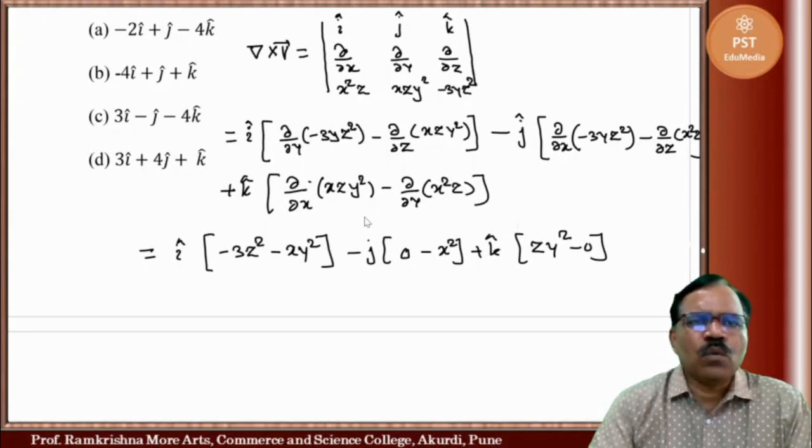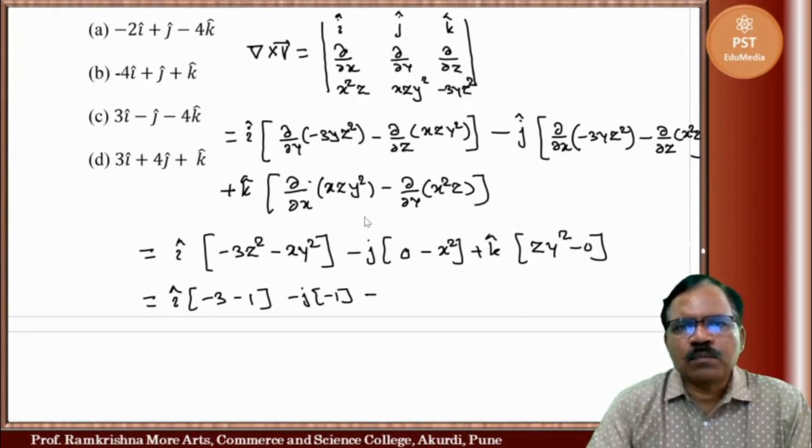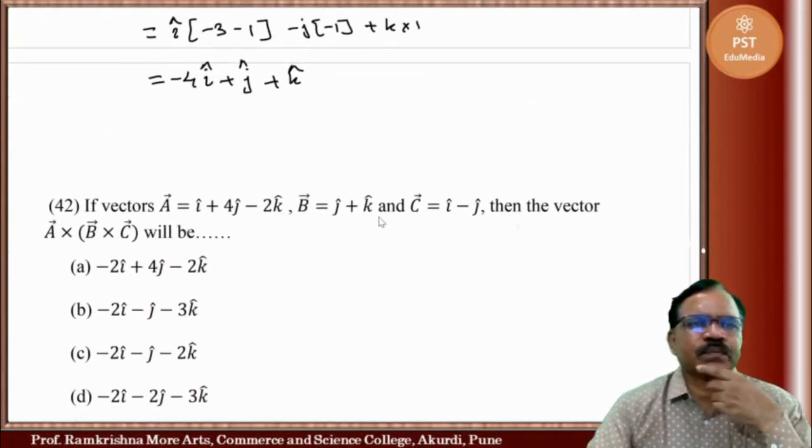Now use (1, 1, 1). So i: z is minus 1, so minus 3 minus 1 into 1, minus j minus 1, plus k into 1, because all are 1. So we'll get here minus 4i plus j plus k. So this one is correct.